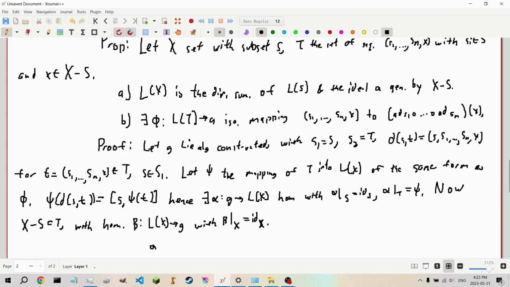Alpha is an isomorphism with inverse beta. We've got to show that here.